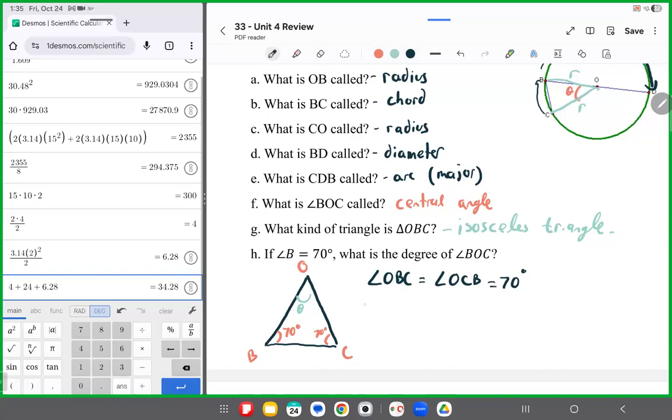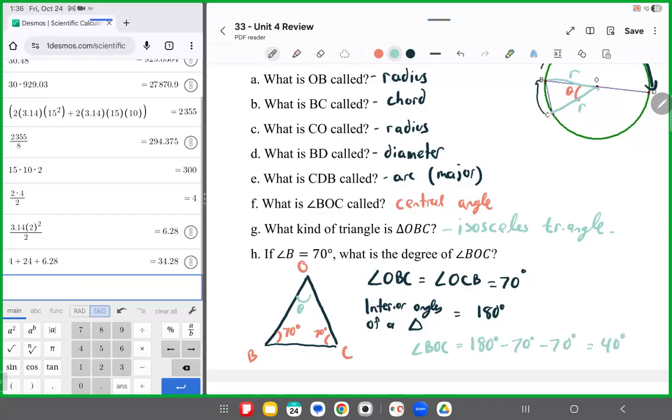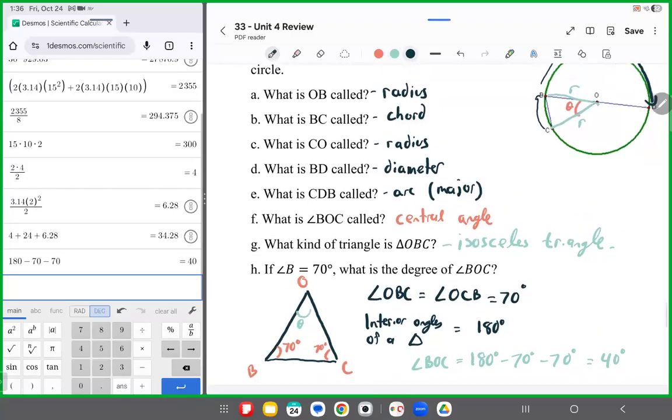Now we know that the interior angles of a triangle are equal to 180 degrees. And so consequently, angle BOC will be equal to 180 degrees minus 70, which will be 40 degrees. And again, if we take 180 minus 70, you do get 40 degrees as an answer. Okay. All right, well, let's continue on.